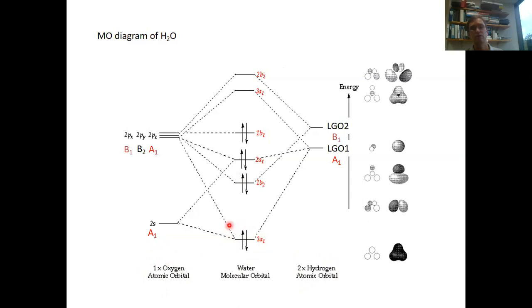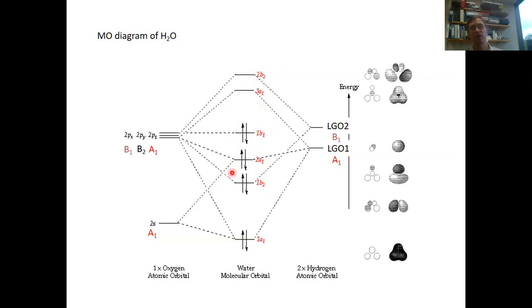That fills the 1A1. The 1B1 is filled. Then the 2A1 is filled. And the 1B2 is also filled. So these two remain empty. This one here is the highest occupied molecular orbital, and this one here is your lowest unoccupied molecular orbital.